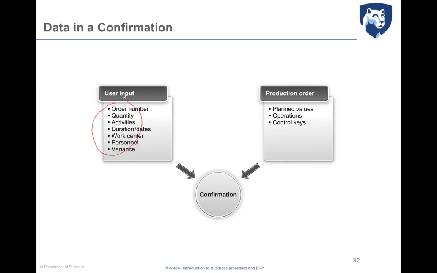Duration, so dates and times when the operations were started and completed, and the overall duration of these activities. Work center, so the physical location in which these operations were carried out. Personal data, so who completed the operation, and reason for variance. So if the confirmed quantity is different from the planned quantity, you need to justify the reason for this variation.